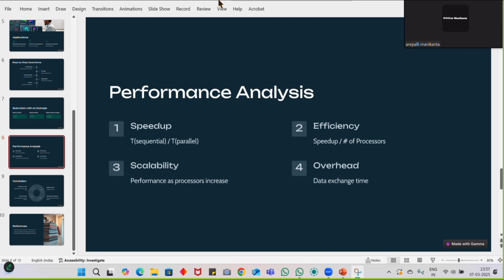Key aspects of the performance analysis for parallel matrix multiplication. Computational complexity: the complexity of matrix multiplication is O(n^3), where n is the matrix dimension, meaning the computation time increases cubically with matrix size. Data distribution: how the data is distributed, row-wise distribution, column-wise distribution, block-wise distribution.